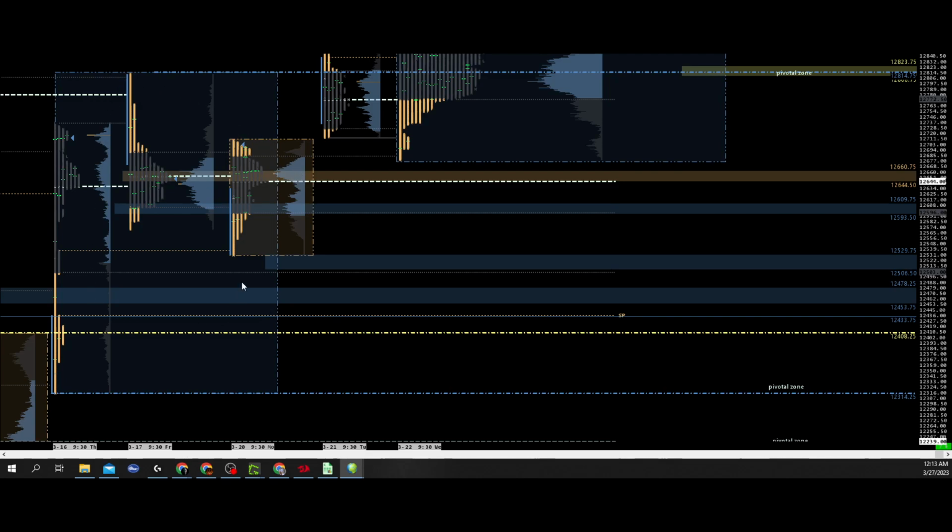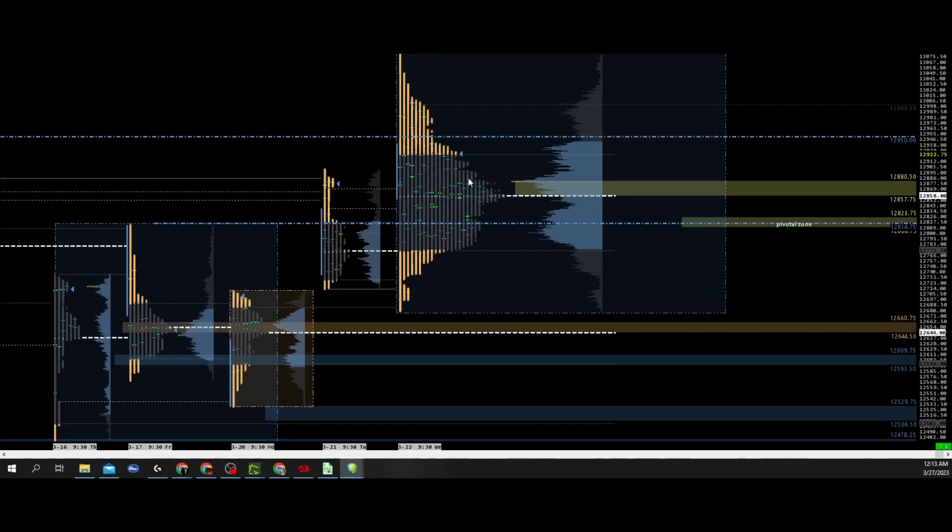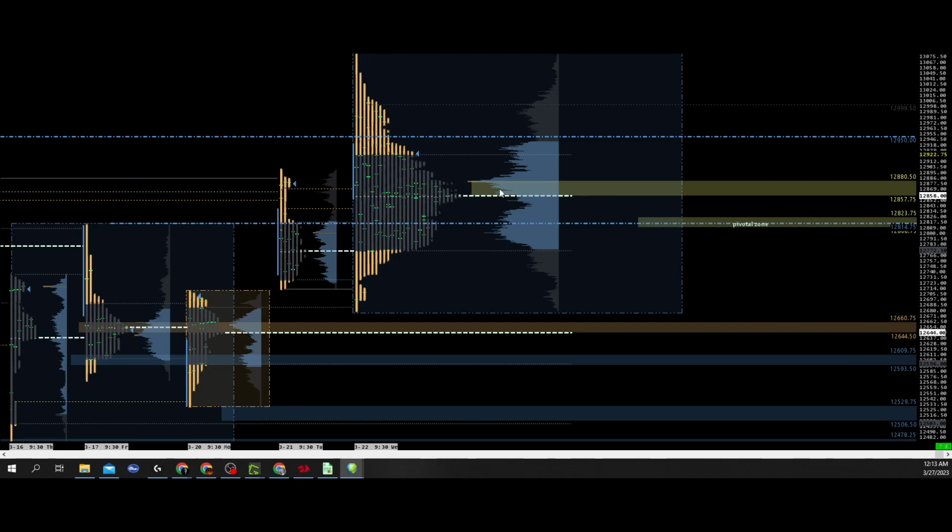So if you think about inventory that's in here, and we can look at this for now, and you think of auctioning and buyers and sellers, and remember we consolidated this balance area into one big TPO picture and one big volume profile picture.